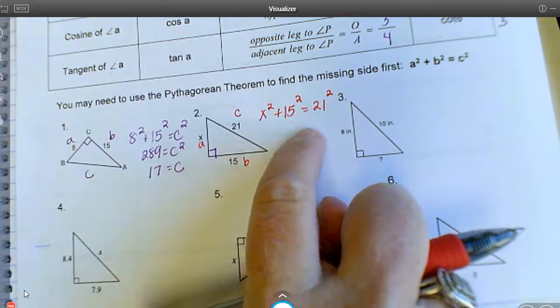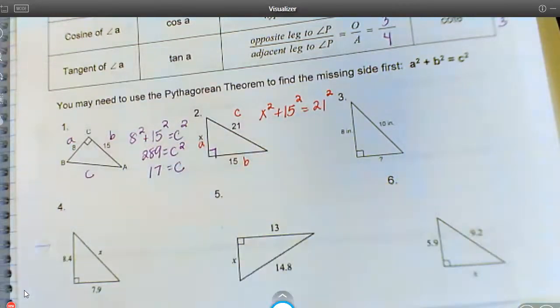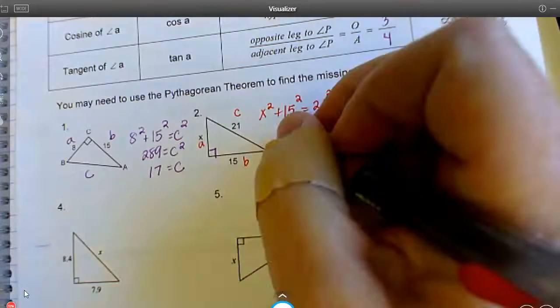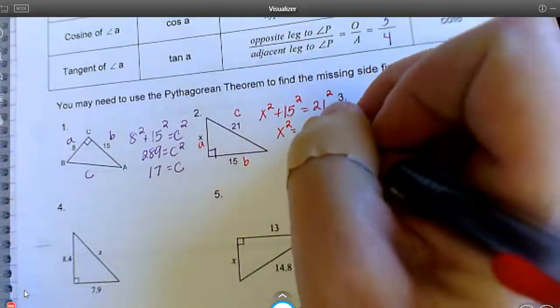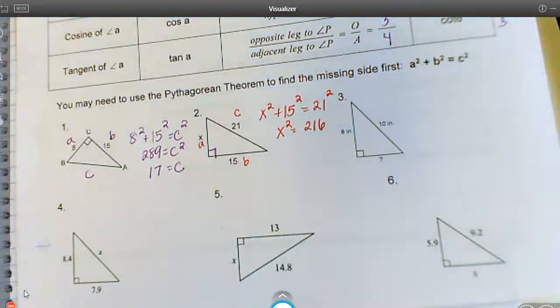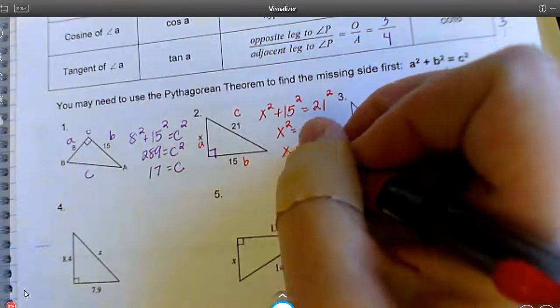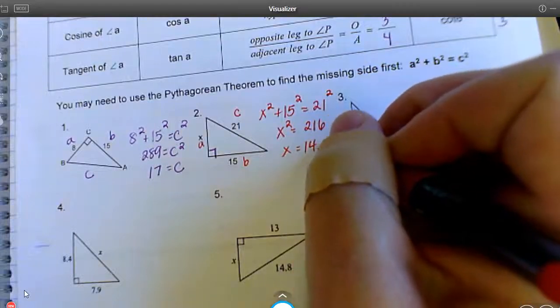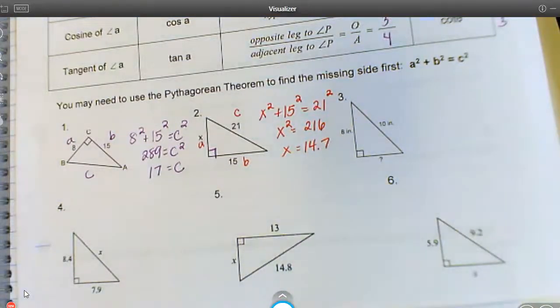Subtract, because I want to subtract over that 15 squared. So I'm going to do 21 squared minus 15 squared. And then what am I going to do to find x? Square root. Questions about that?